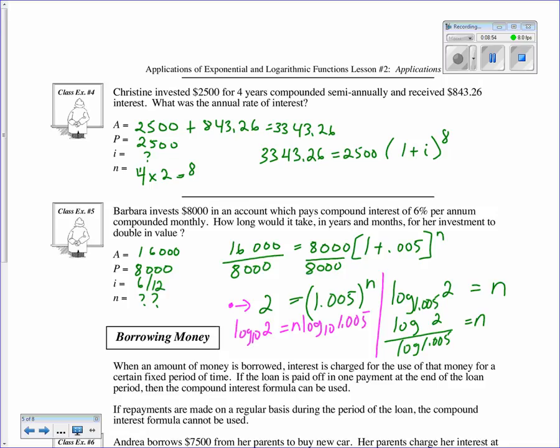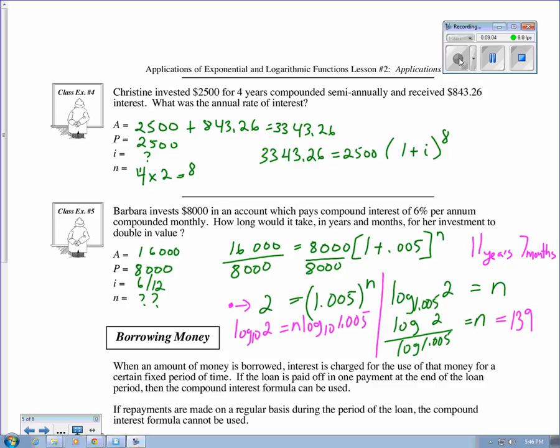So take log base 10 of 2, take log base 10 of the right-hand side of the equation, move the n down, and I end up with the same answer. I've translated my n to the closest whole number and translated that into years. That's 11 years and 7 months.